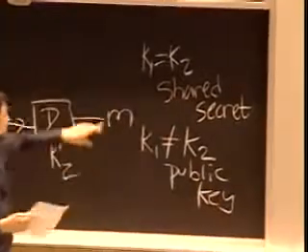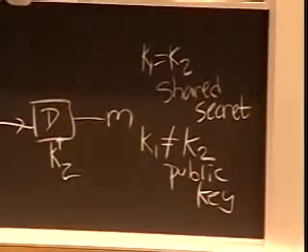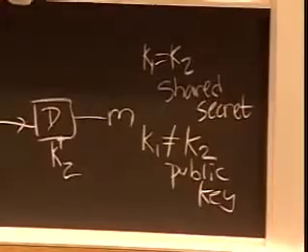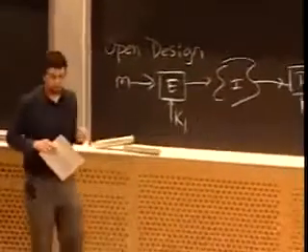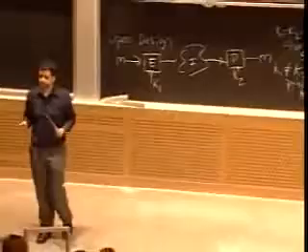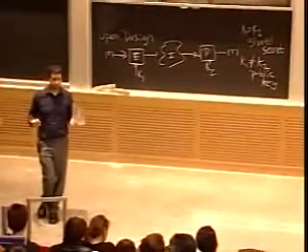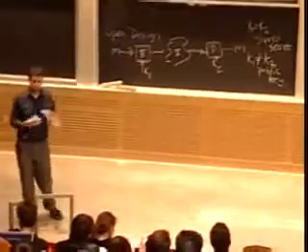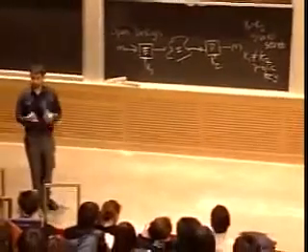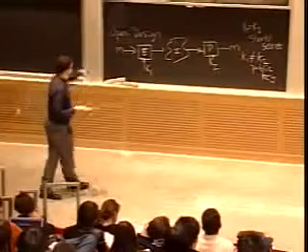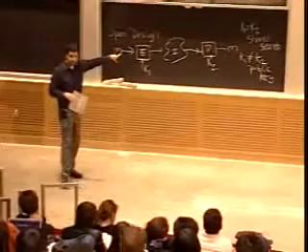In the case where K1 is equal to K2, these two keys are the same, and say Alice and Bob on the two ends have exchanged information about what this key is before the protocol started. So Alice called up Bob on the phone or saw Bob in the hallway and said, hey, the key is X. They agreed on this beforehand, and now they can exchange information.